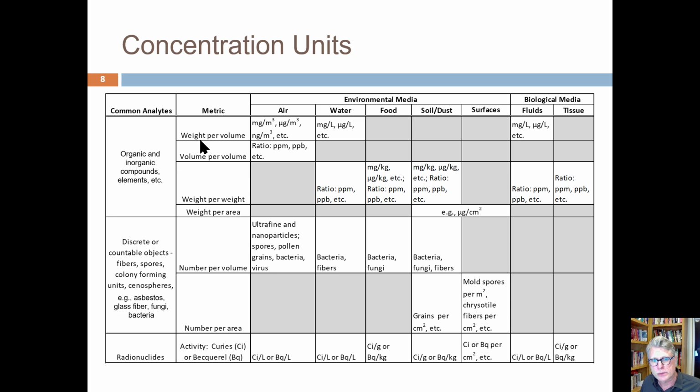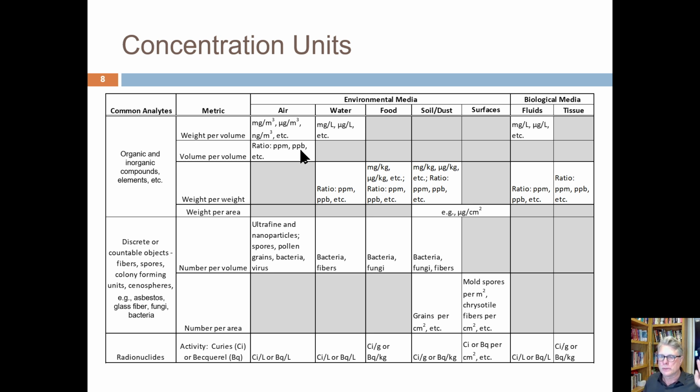We have some concentrations expressed as weight per volume, like milligram per cubic meter of air, or milligram per liter of water, right? We have some other metrics that are actually ratios, like a volume to volume ratio. Those apply to concentrations in air, and they're typically expressed with terms like parts per million and parts per billion.